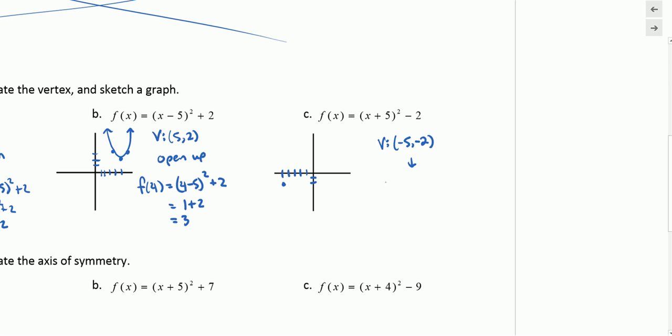And I'm going to plug in negative 4. And I end up with 1 minus 2, which is negative 1. So something like that.